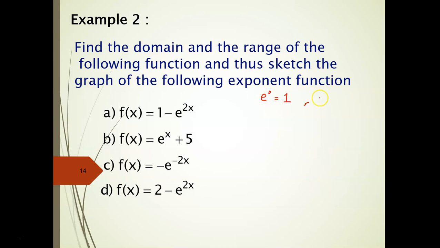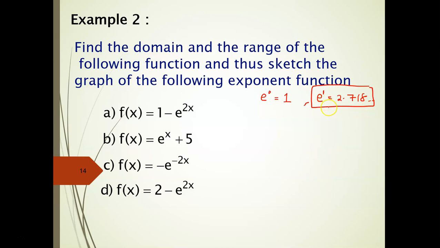So what is the value of e? e is a special base in our real number. This e is equals to 2.718, and so on, but we just take 3 decimal places here. e1, so this is the value for e.